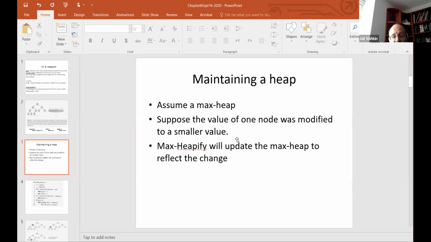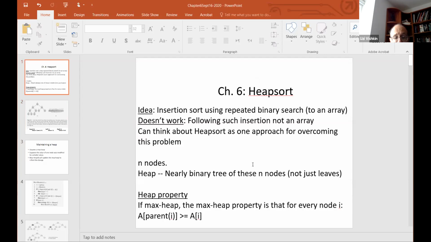And observe that so far I have not said even a single word about the content. I only explained the heap as a nearly binary tree. Now, the next thing that I'm going to discuss is, because we are in a computer science and engineering class, we do not care about trees or arrays unless they represent something.